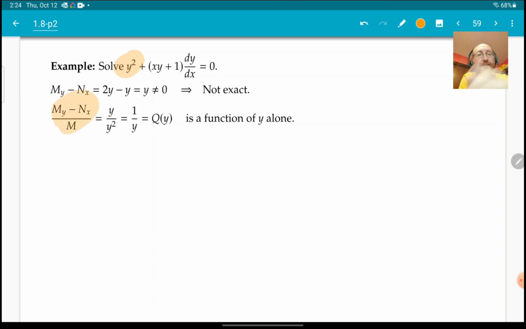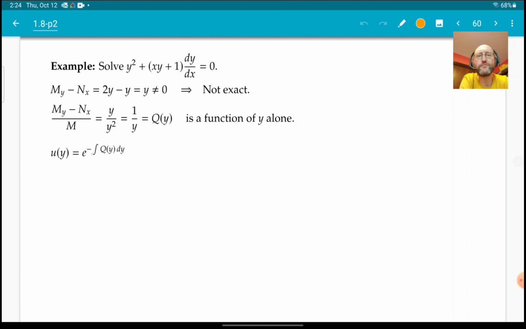Because this thing is a function of y alone. Now, if we divide it by n, we wouldn't get something that's a function of x alone. So u, the integrating factor, cannot be a function of x. It has to be a function of y. But a function of y works because this thing is a function of y alone, right?